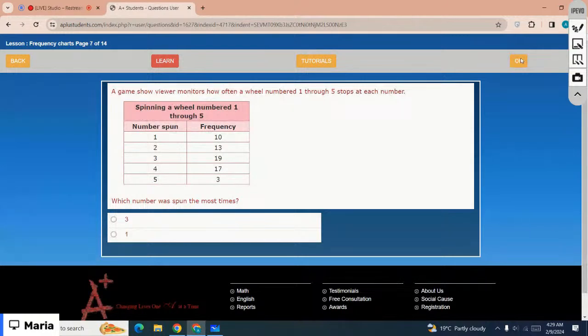A game show viewer monitors how often a wheel numbered 1 through 5 lands at each number. Which number was spun the most times?